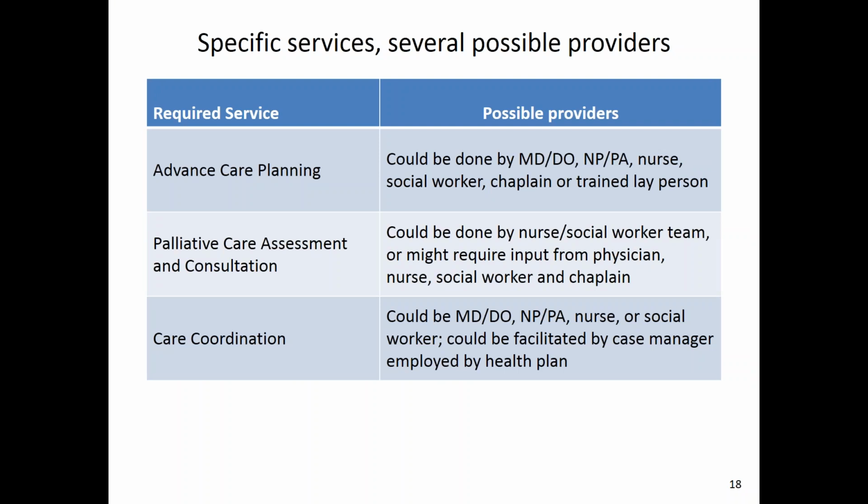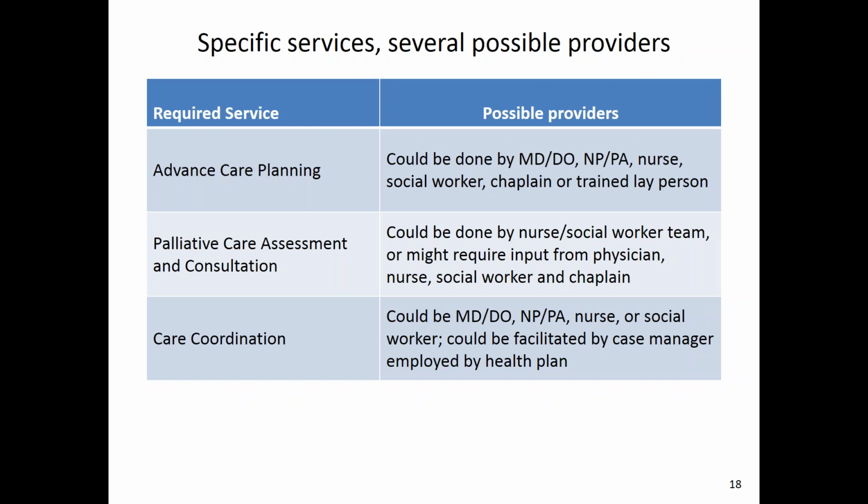So for example, if you look at the required services, you'll see that they're very specific in some ways, that something needs to be done, so advance care planning needs to be done, but there's several possible providers that could deliver those required services. And of course, those providers all have different salary levels, which will impact radically the cost of delivering care.